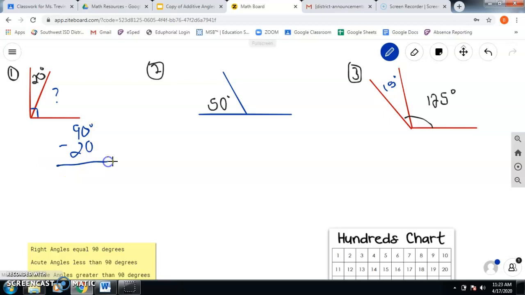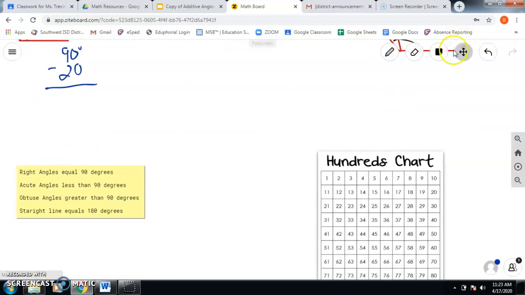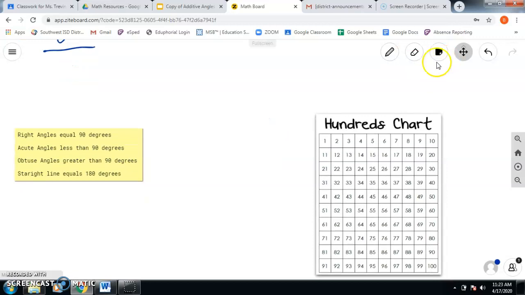Okay, so using our hundreds chart, let's look at it. We are at 90, okay, so you can make a mark on 90, and then we need to subtract 20.